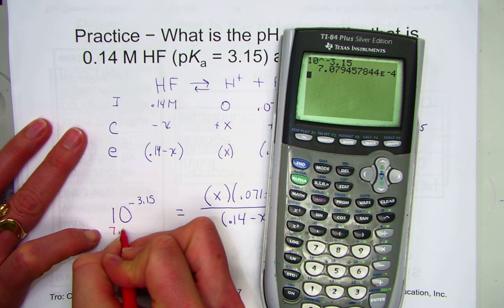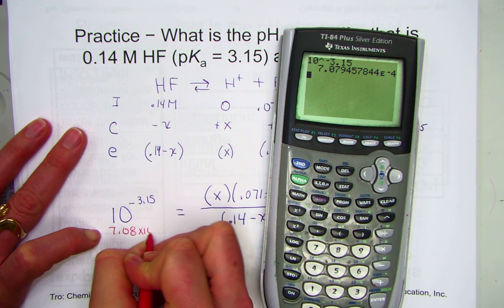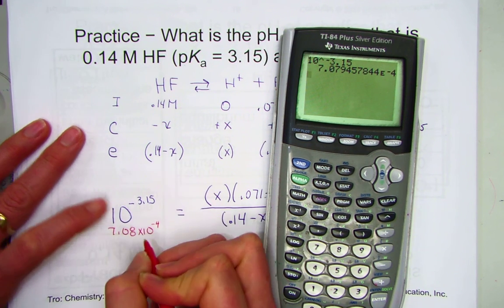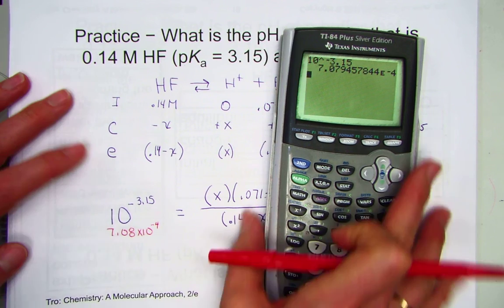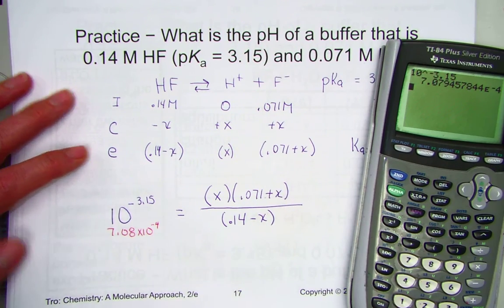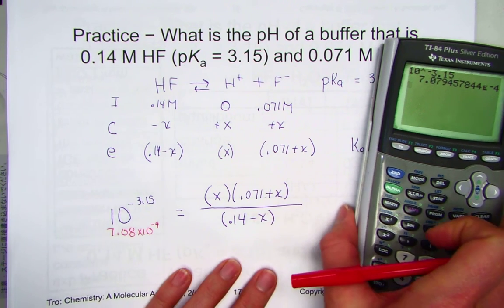So that's 7.08 times 10 to the negative fourth. Alrighty. And I can certainly distribute through. You guys aren't scared of algebra, I know, and pull out the quadratic formula. Or we can test the 5% rule.